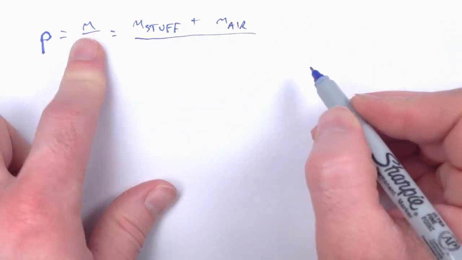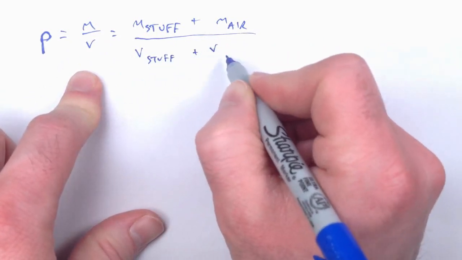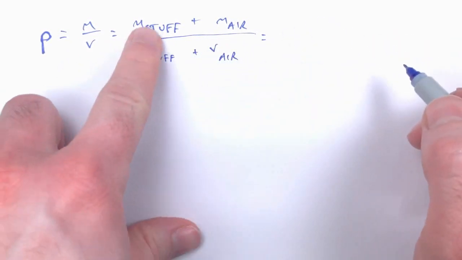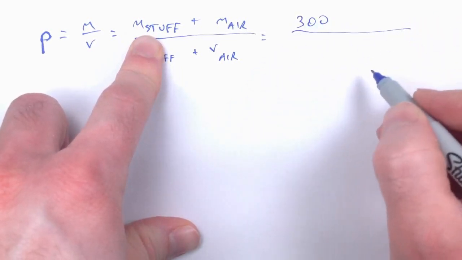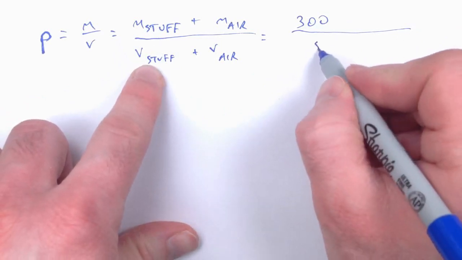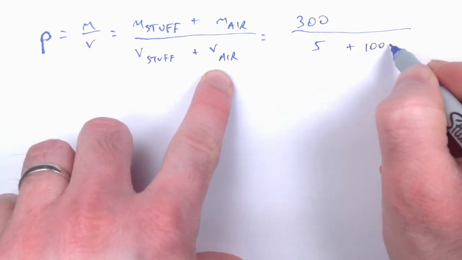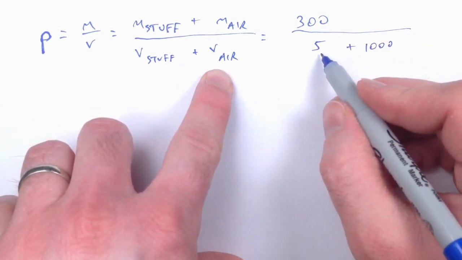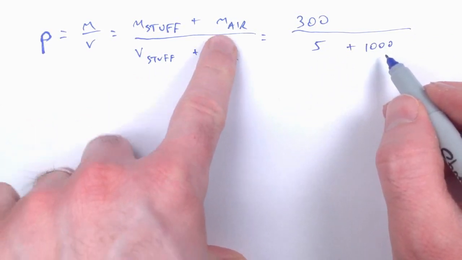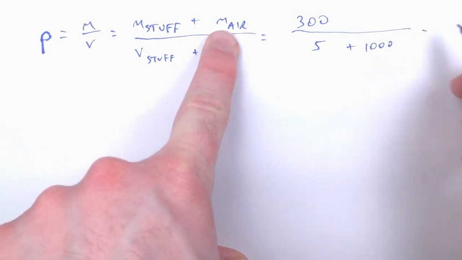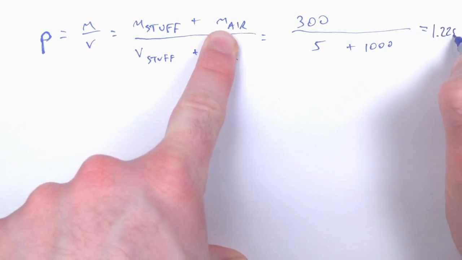And its volume was made of the volume of all the stuff plus the volume of all the air. So the mass of all the stuff was 300 kilograms. The volume of all the stuff was only 5 meters cubed, and the volume of all the air is 1,000 meters cubed. This is the variable that we need to tweak in order to get this quantity equal to 1.225.